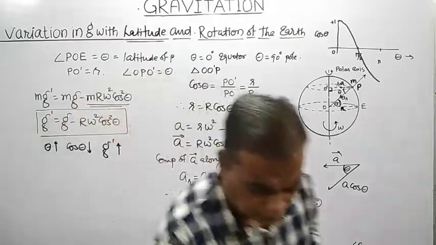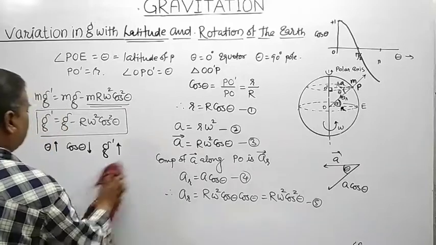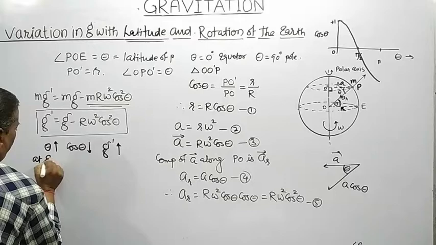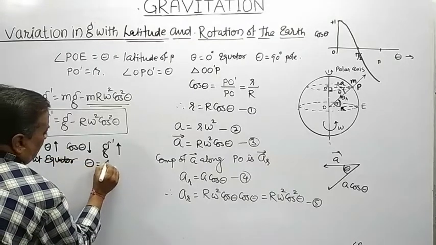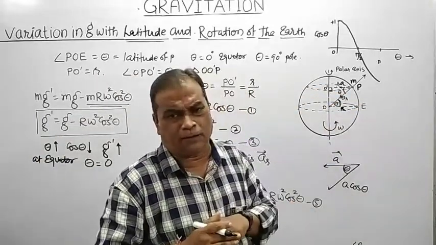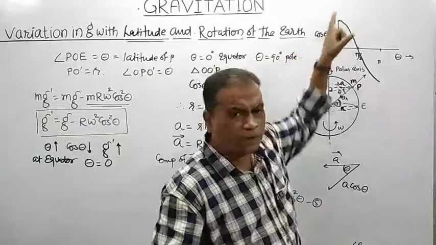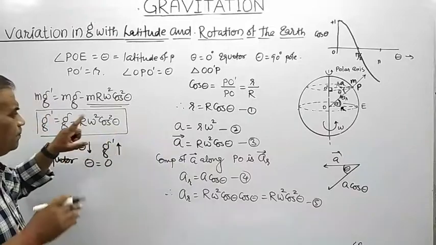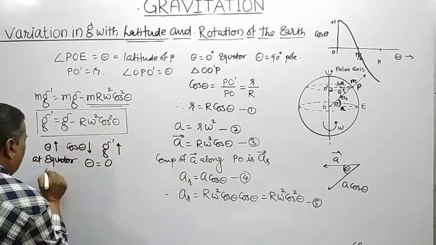So there are two special cases that we will consider. The first case is for the equator. At the equator, what is angle theta equal to? 0. When the particle is at the equator, theta is equal to 0, which means cos 0 is equal to plus 1, so cos square theta is equal to 1 square, which is 1.